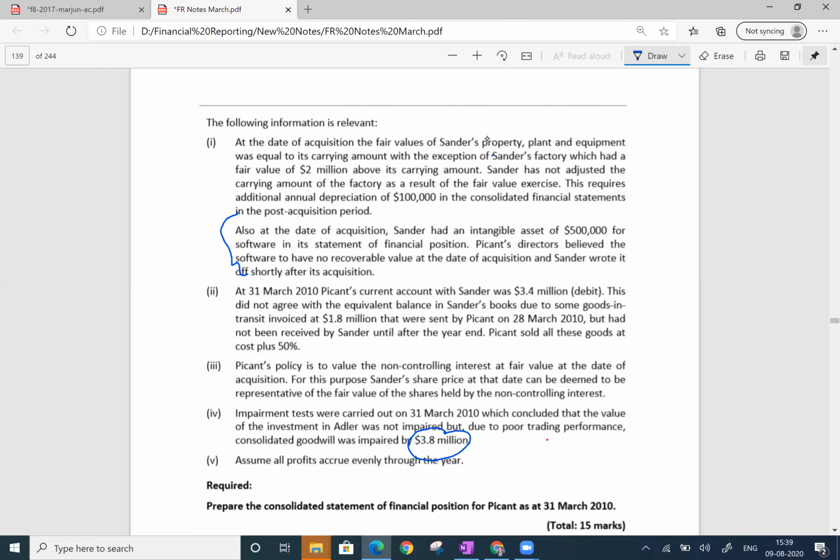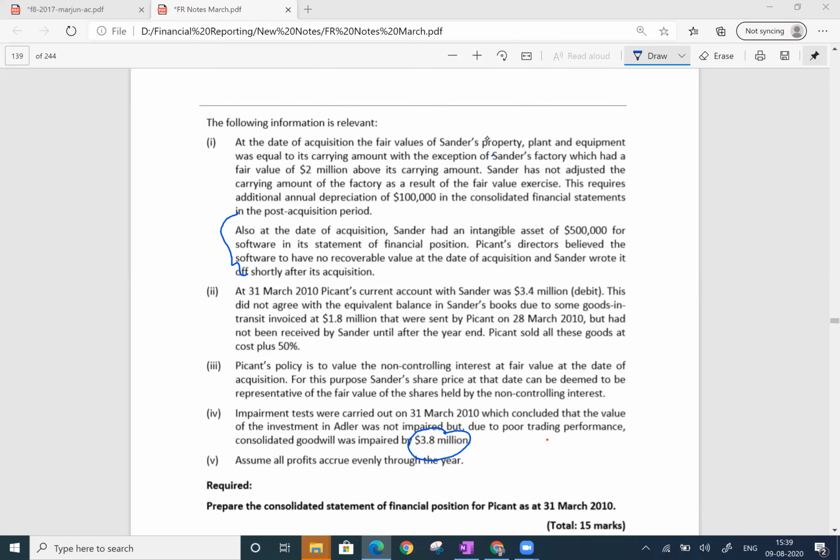Then, two more places it will go. One is non-controlling interest at reporting date. How will you show non-controlling interest at reporting date? Fair value of NCI at the date of acquisition plus NCI share of post-acquisition profit of the subsidiary company minus NCI share of impairment.